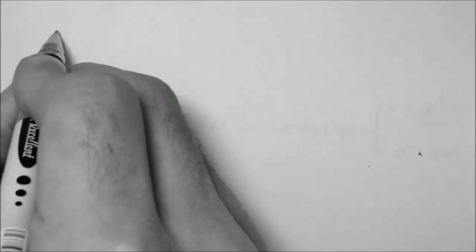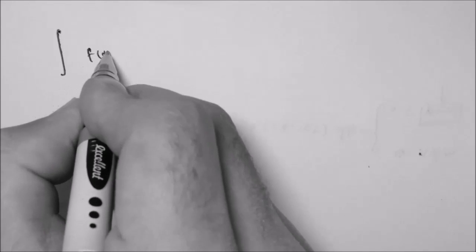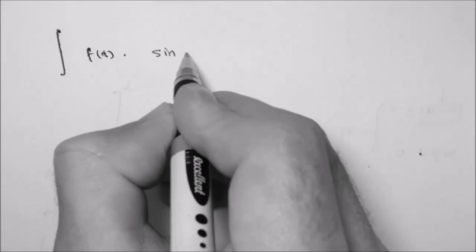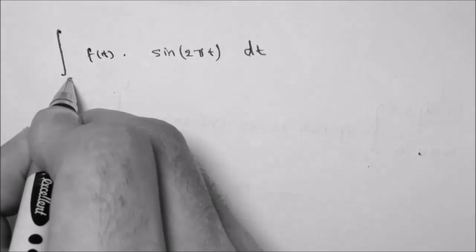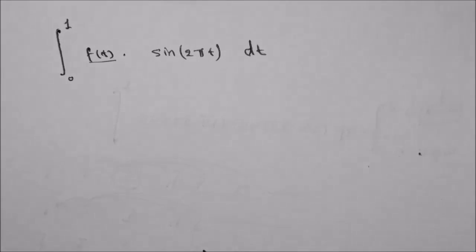Okay, let's just imagine what's happening. We were integrating f of t multiplied by sine 2 pi t, a 1 hertz sinusoidal, over a single period of f of t, which is 1 second.